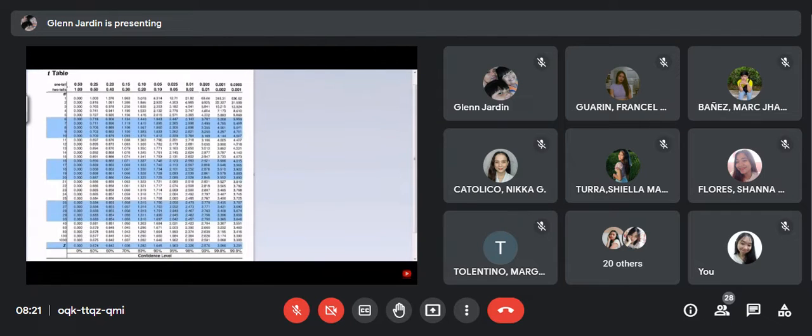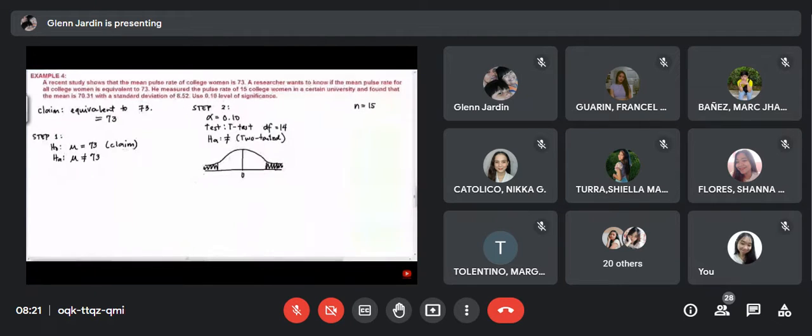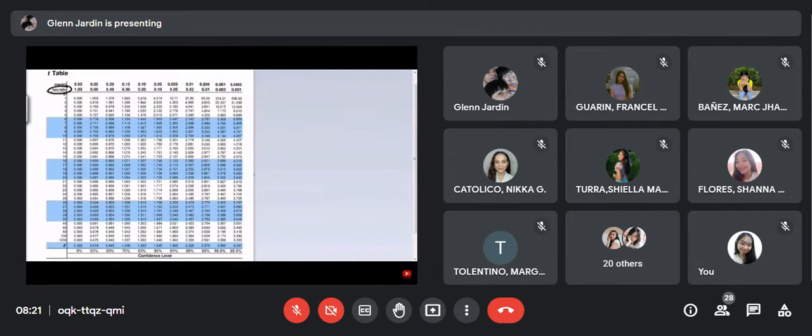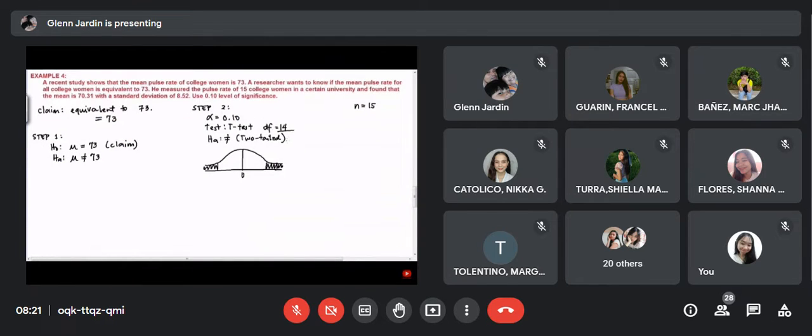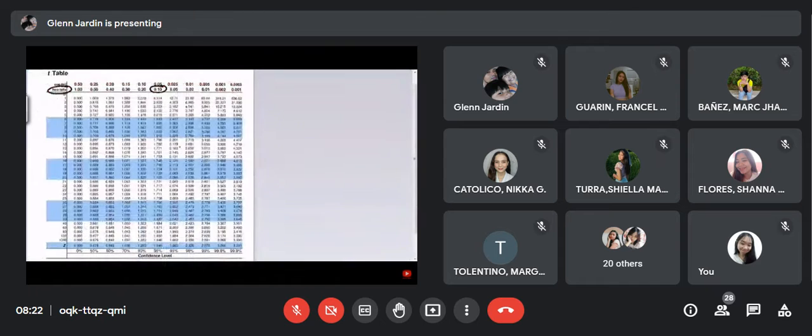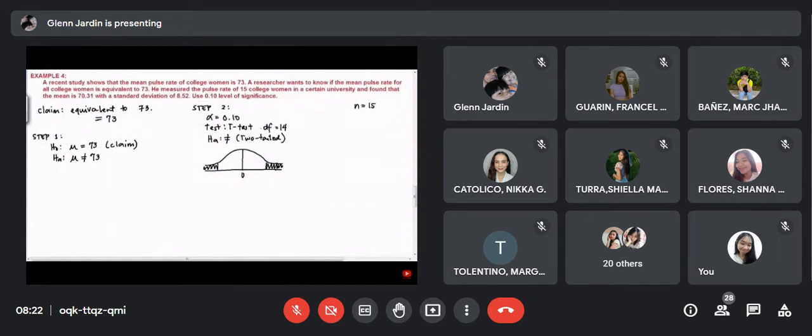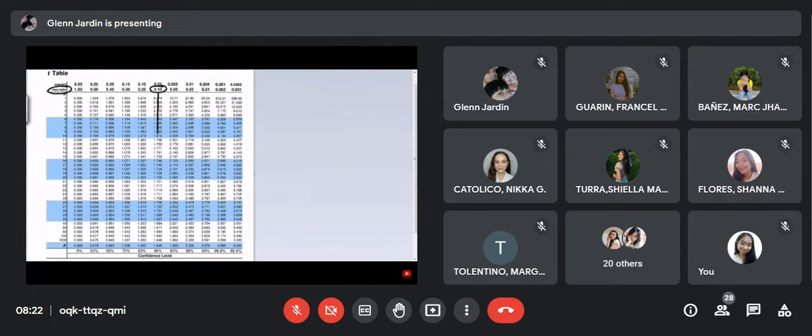So, two-tailed tayo, di ba? Two-tailed, tapos ang ating alpha is 0.10. Two-tailed ng 0.10, ito siya. Okay, and then ang ating DF ay 14, kasi t-test to. Pag z-test, guys, yung pinakailalim, pero hindi to z-test, t-test to. So, hanapin nyo yung DF na 14. 14 is here.